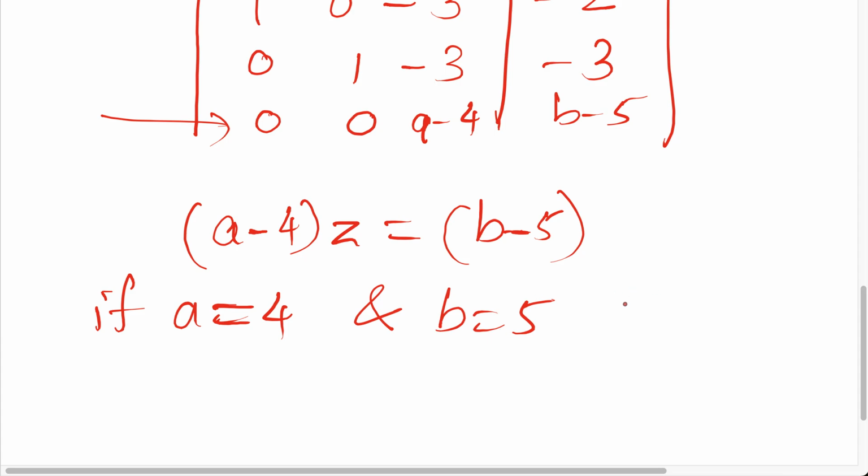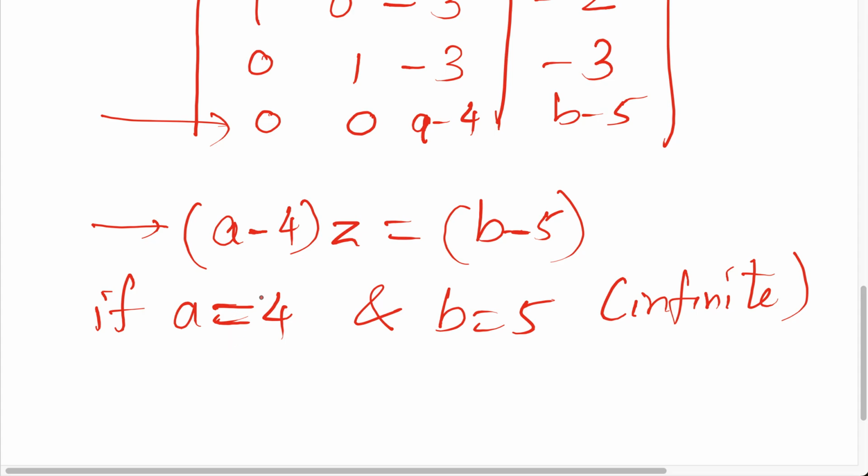What does that mean? Infinite solutions. If z can take any value, then when I substitute z, y will take any value. And if y and z can take any value, then x can take any value. So look at the situation: a is 4 and b is 5. That means 0 times z is equal to 0, and z can take any value.